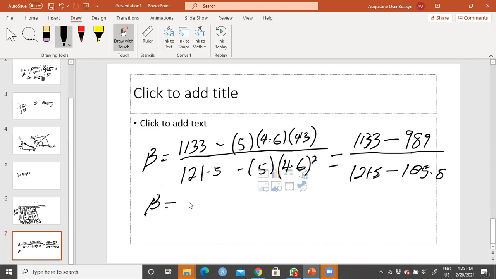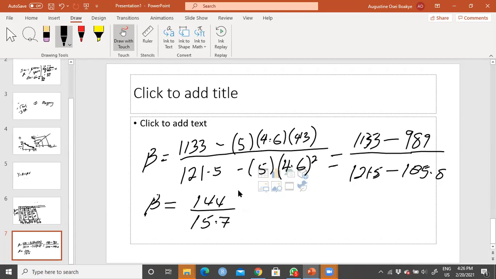The beta now is equal to, please, someone should subtract 989 from 1133 for me. There is 144. You got what? 144. Thank you. Then someone should subtract 121.5 by 105.8. Sir, 15.7.